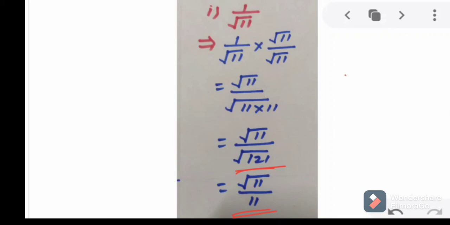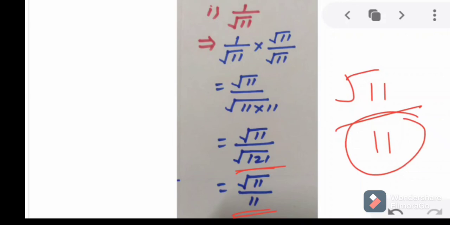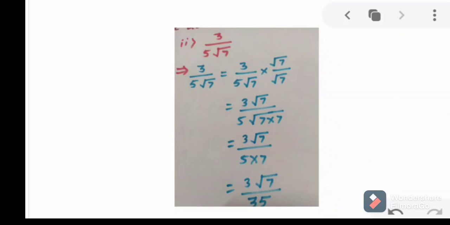So this is a fraction, that is 1 upon root 11. So we multiply the denominator and numerator of this fraction by the same number, and that is root 11. So 1 upon root 11 into root 11 upon root 11. 1 into root 11, that is root 11, divided by root 11 into root 11, under root 11 into 11, that is 121.